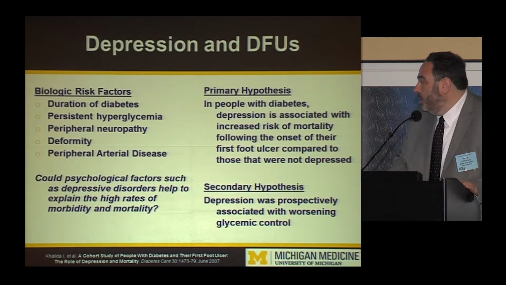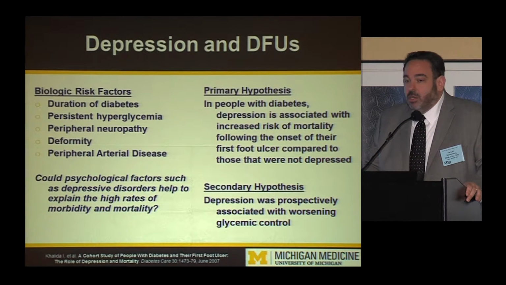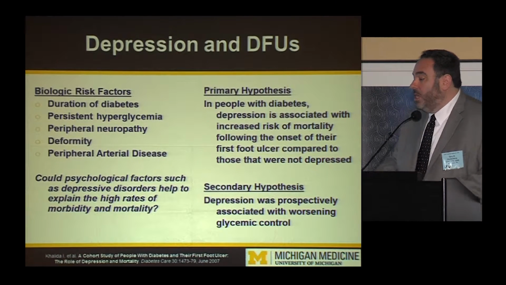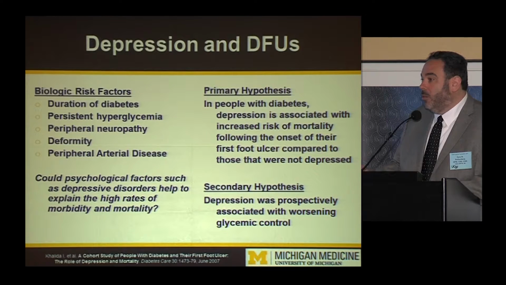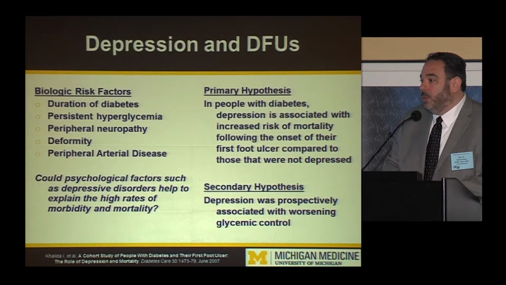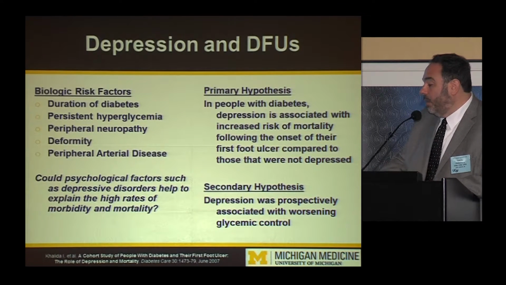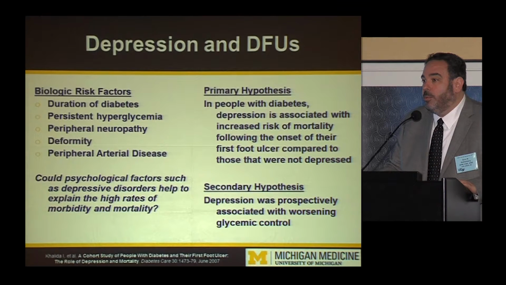So these authors looked at that role of depression and diabetic foot ulcers. Again, the biologic risk factors for DFUs we know, including duration of diabetes, deformity, neuropathy, arterial inflow problems. But the authors wanted to explore whether there are psychological factors, such as depression, that may help explain these high risks of morbidity and mortality among patients with DFUs.